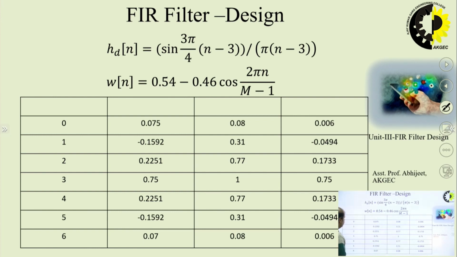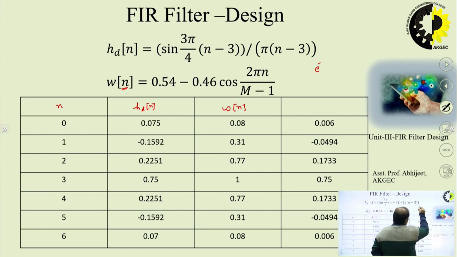So what happens is that we calculate the value of hd of n for values of n, and w of n by putting n and M. In this case, M minus 1 will be 6. In general, if it is e raised to the power minus j omega tau, then tau is M minus 1 by 2.